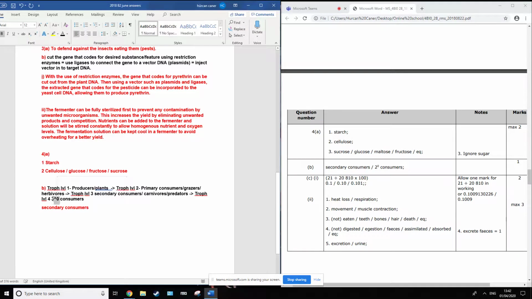So 0 above 3 means tertiary consumers, and then for secondary consumers you can use this, etc. Anyhow, the answer is secondary consumers.